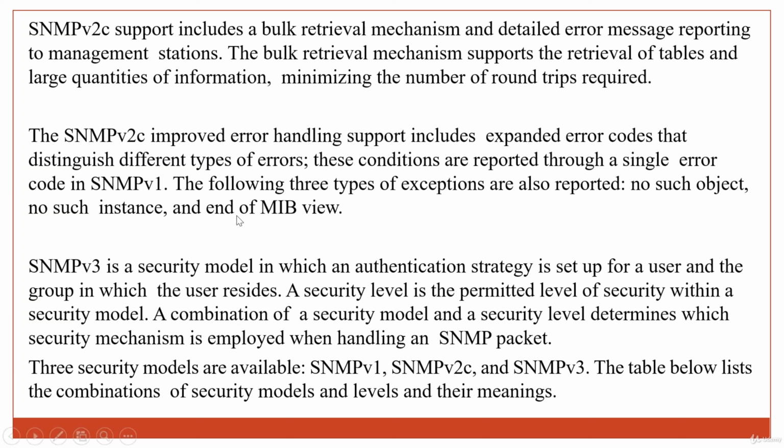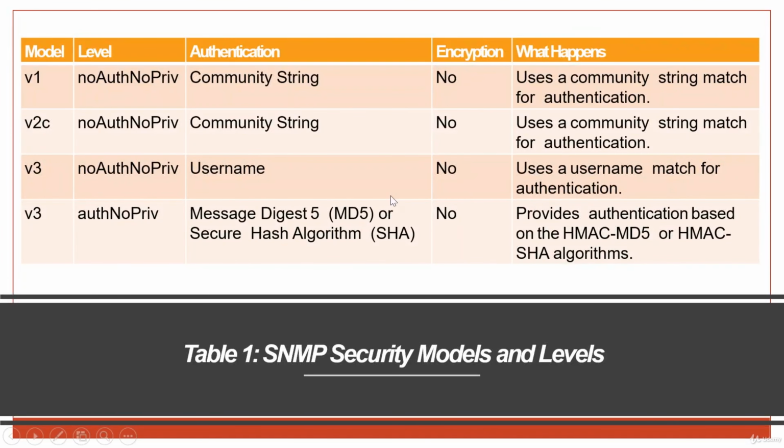And when we are talking about version 3, this is based on the security model for users or users belonging to a group. Now, what is the difference? I have this slide for that. Here you can see we have model, level, authentication, encryption. Version 1 and 2C are community based, so we have the community string for authentication, but they are no auth, no priv.